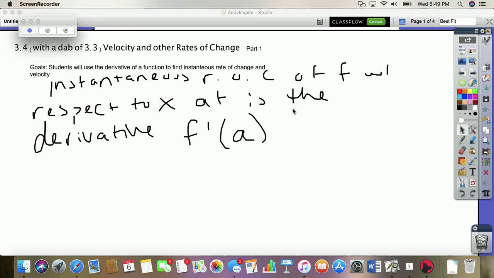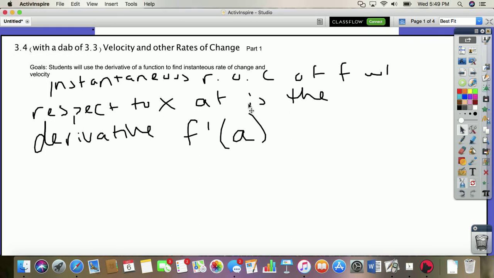So we're looking at 3.4, and 3.4 has a little dab of 3.3 in there as well. And we're talking about velocity and rates of change. The definition we're going to look at to start things off is, if you want to find the instantaneous rate of change of a specific function f with respect to x at a value of a, then we just take the derivative of that function and substitute a in for the value of x.